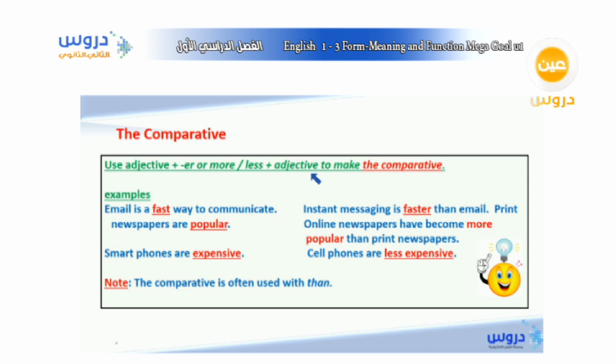And the third, expensive, less expensive. Note, the comparative is often used with than. Usually we use faster than, more popular than, less expensive than. Usually, not always. We are supposed to say cell phones are less expensive than smartphones.